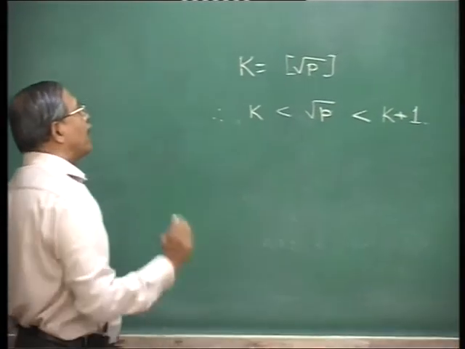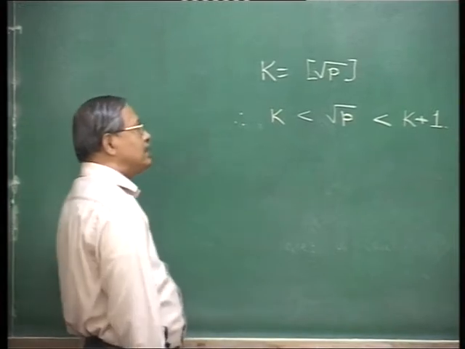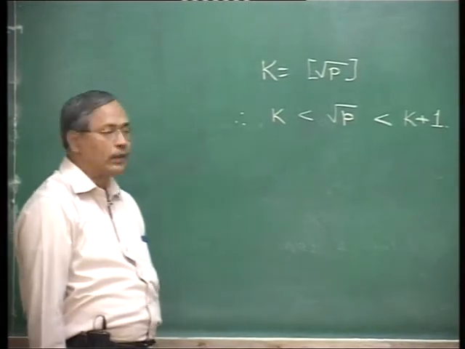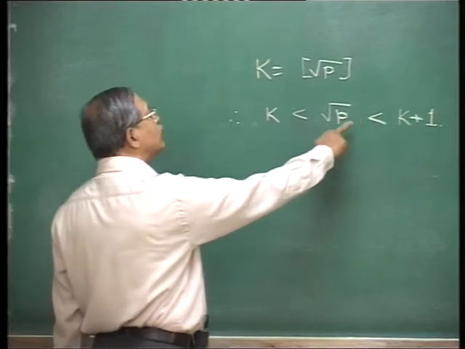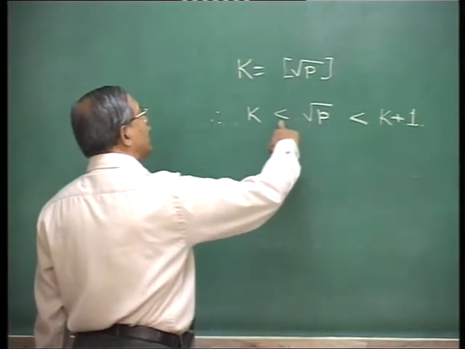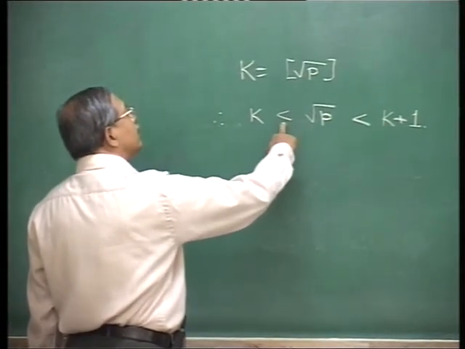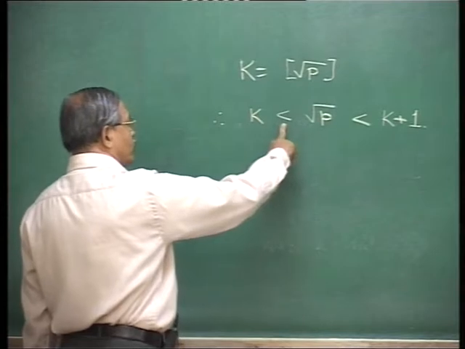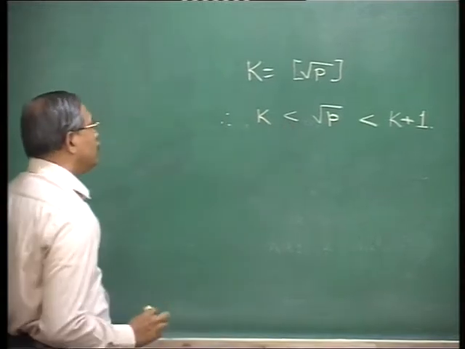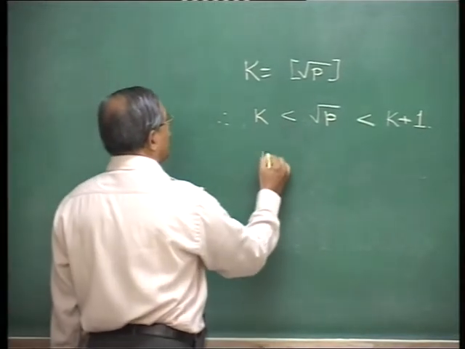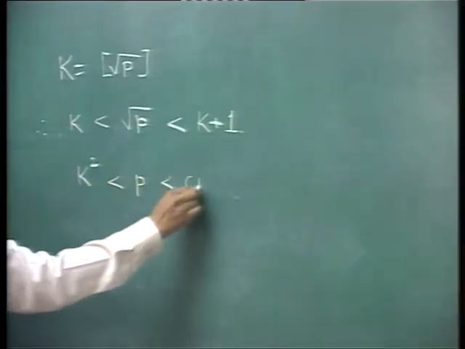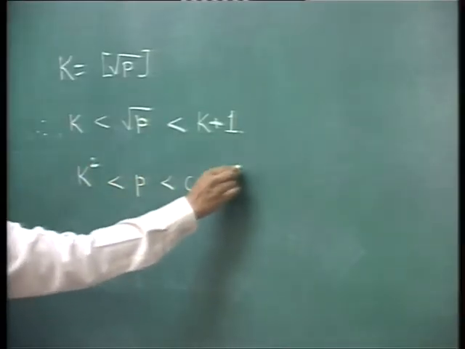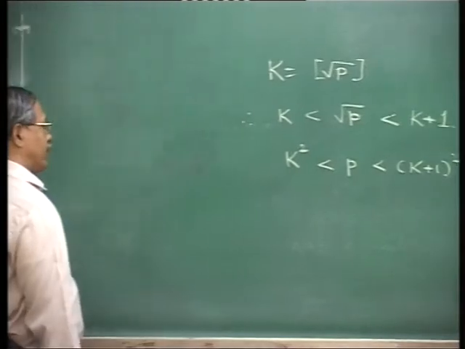The integral part is the largest integer less than or equal to the given number. So, we have K less than or equal to root p less than K plus 1, and therefore you can say K square is less than p less than (K plus 1) square.